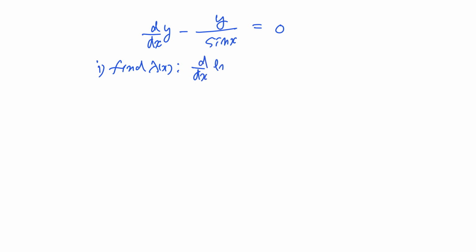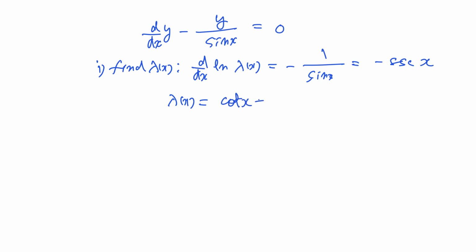d/dx ln lambda x is minus csc x. We know the lambda already, right? We just found out. Lambda x is what? Cotangent x plus csc x, right?